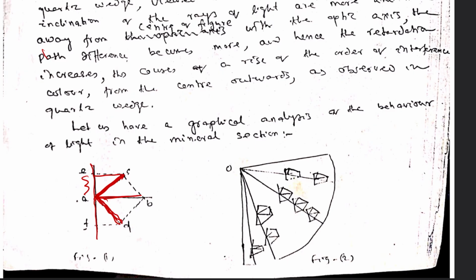Along this direction this light will go, along this direction this light will go, and they will cancel each other. This is the case when the phase difference between these two rays is n lambda. So this is the analysis for the n lambda condition.